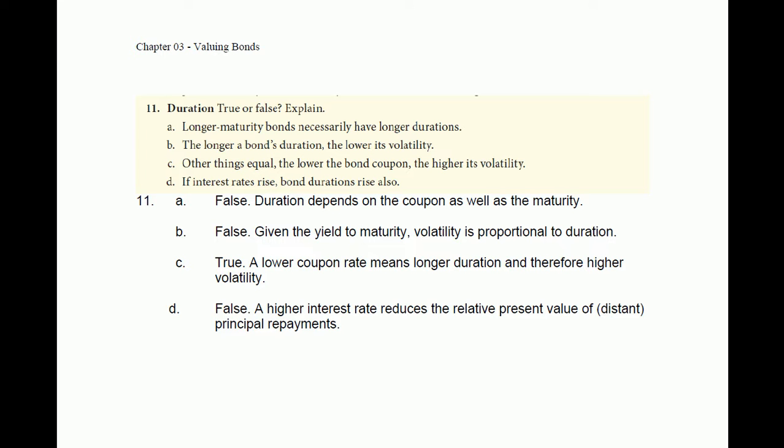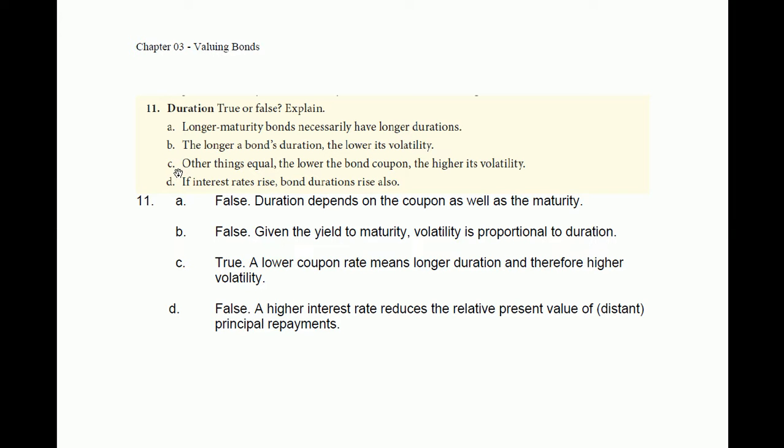Question B. The longer a bond duration, the lower its volatility. The answer is false. We just show in the last question that if a bond has a longer duration, its volatility will be higher. So given the yield to maturity, volatility is proportional to duration.